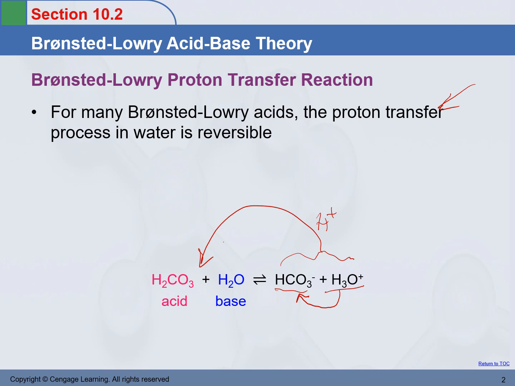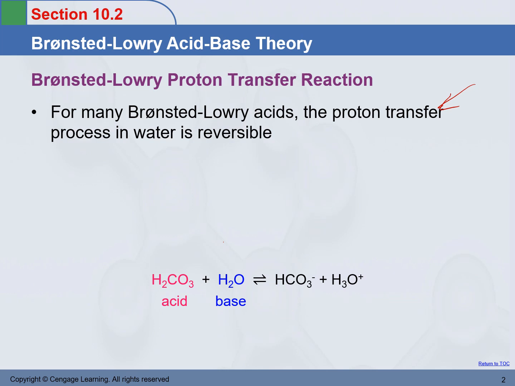Of course, if water gets a proton, becomes hydronium ion, to go back, hydronium ion has to donate a proton. So to go back, hydronium ion will have to donate a proton to the bicarbonate. All right? By definition, hydronium ion is a Brønsted-Lowry acid, because it is a proton donor. Bicarbonate ion is a base because it is a proton acceptor.